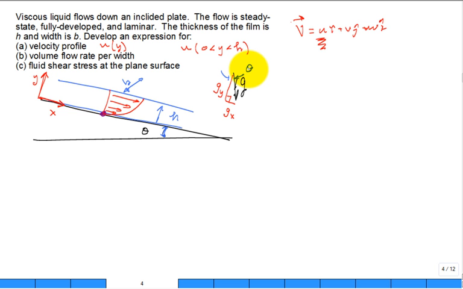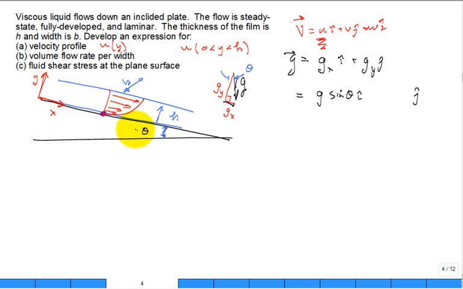A lot of times we'll put G as a vector. Let me show this as a vector here. G as a vector is equal to G in the x i plus G in the y j. Okay, for this problem, what would Gx be equal to? G sine theta in the i. Now this is in the positive x, gravity pulling it in the positive x.